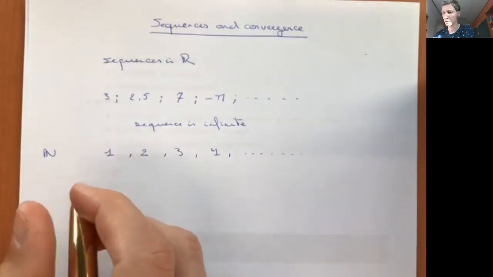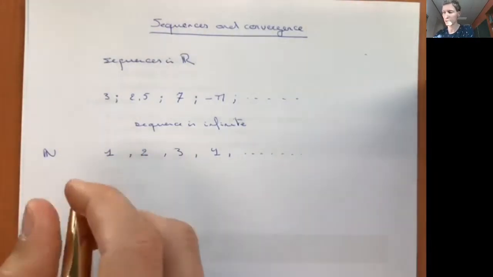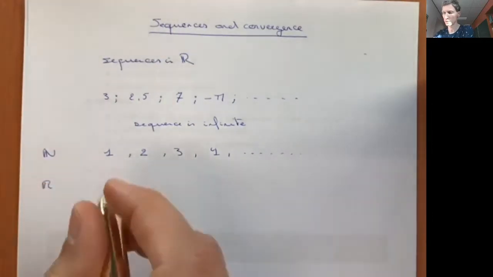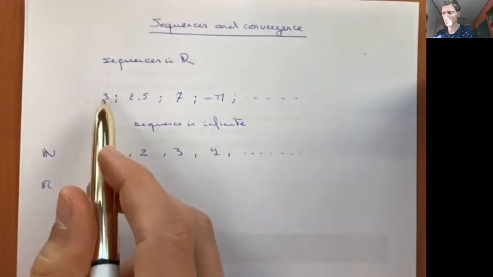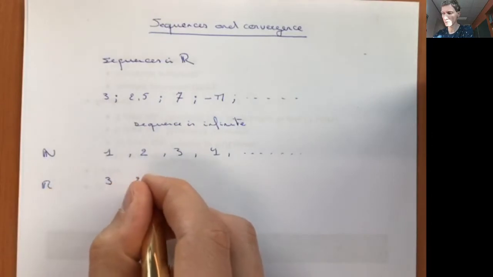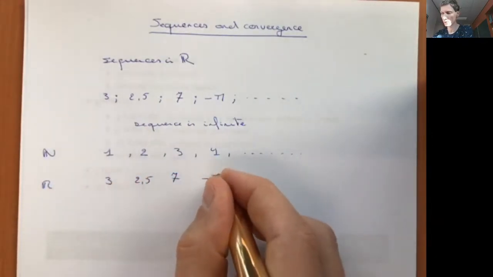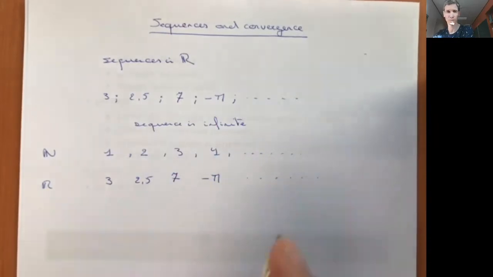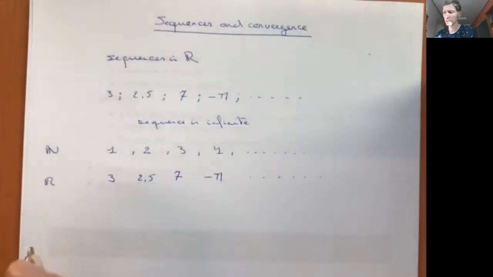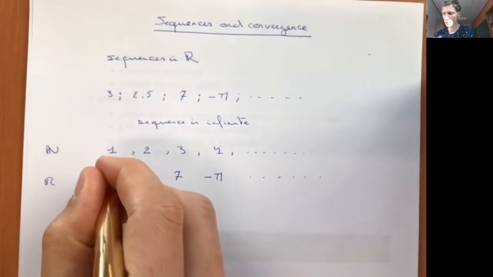And then for every number you can associate a number in R. So for example, the first number is 3, then the second number is 2.5, the third number is 7, the fourth number is minus pi, and so on and so on. So in this respect you have a mapping, right?